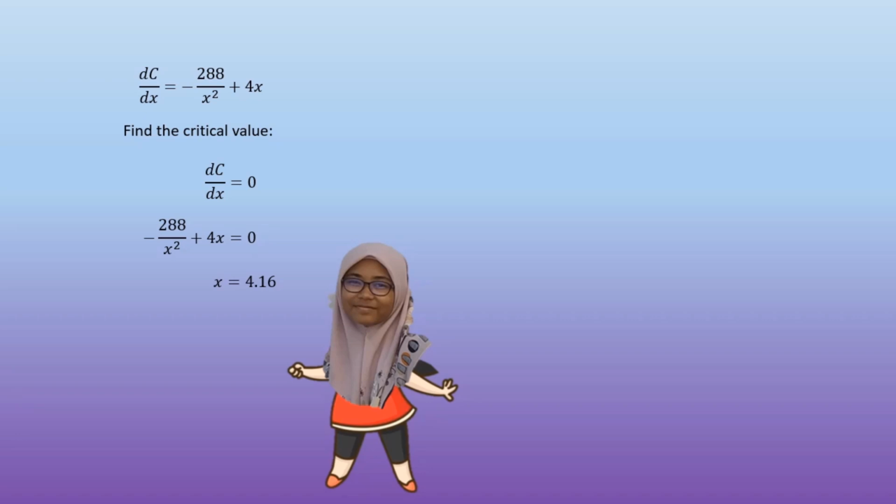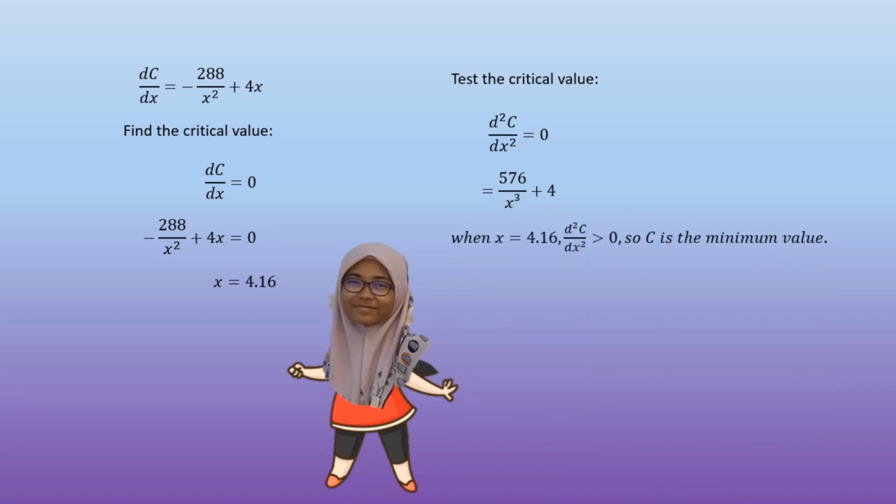Next, we must test the critical value by using the second derivative test. So we make the equation d2C over dx squared. We differentiate dC over dx and we get 576 over x cubed plus 4. Then we substitute 4.16 into 576 over x cubed plus 4.